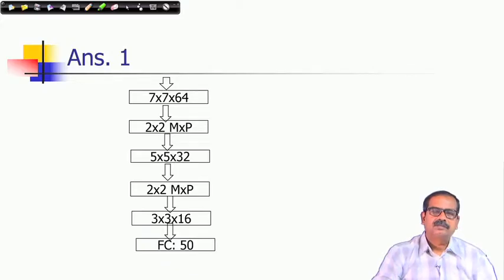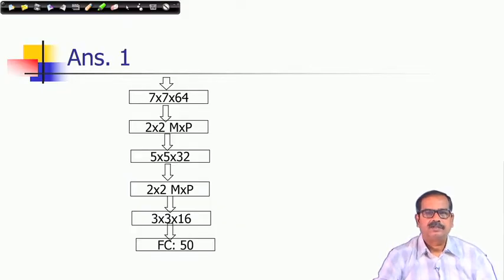And then this is being fed to the fully connected layers where there are 50 neurons. So, the 16 channel output from the third convolutional layer is all flattened and considered as a linear vector, or a one dimensional feature vector, and then that is fed to the fully connected layer of 50 neurons.